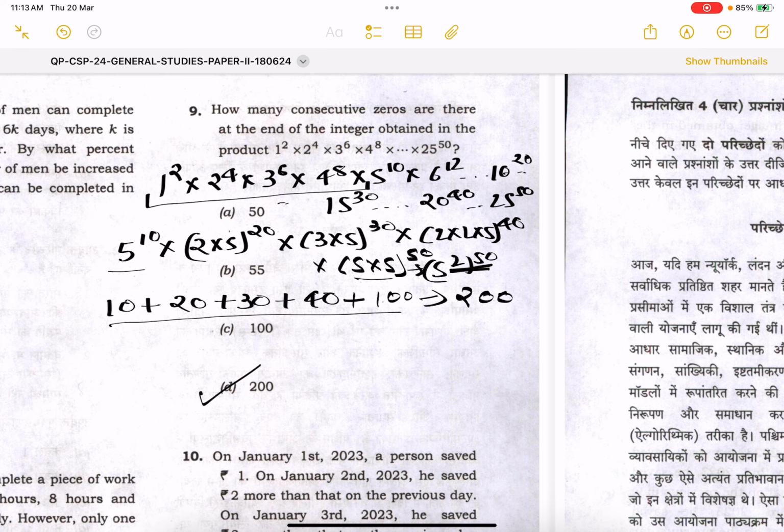Now one more question which can be solved using the concept of number of zeros.